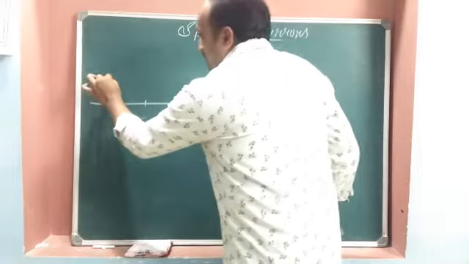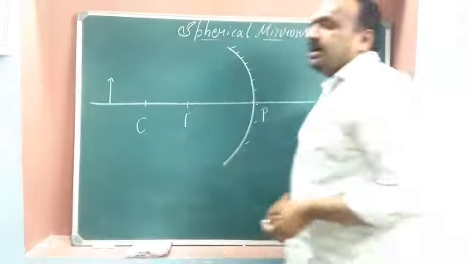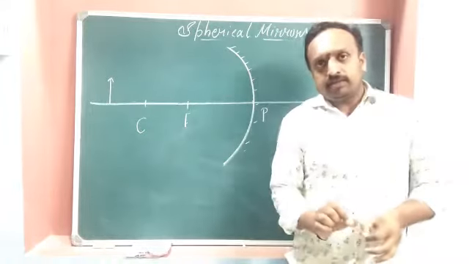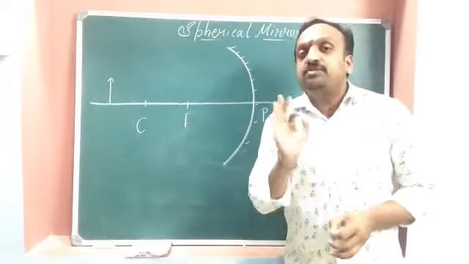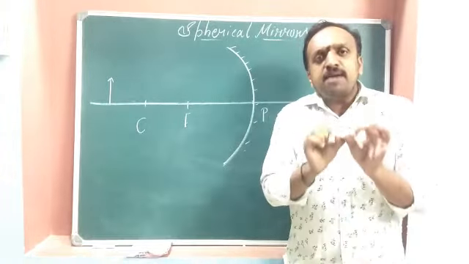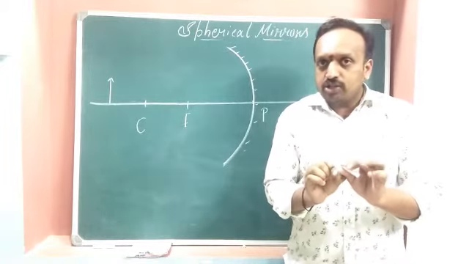Imagine that I just kept an object here. Just as a basic example, just remember the class which I have done based on the lens. The same procedure we are going to follow here also.